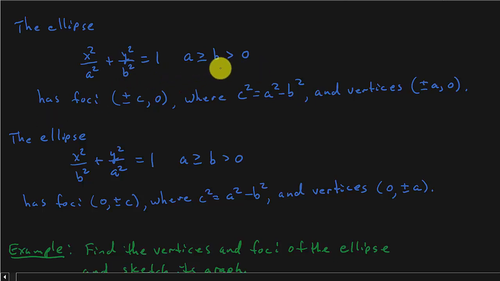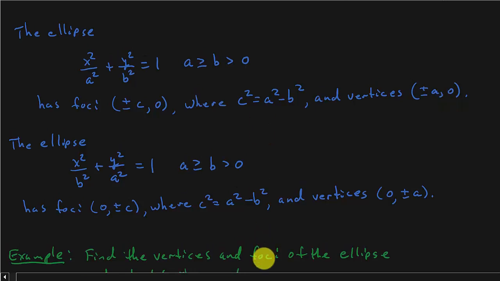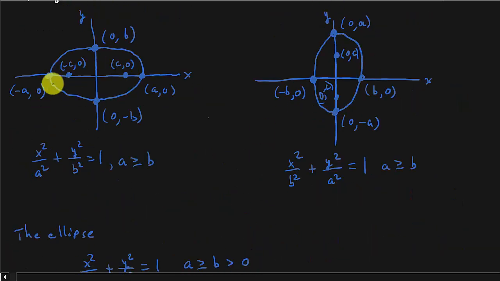It has foci plus or minus c, 0, where, okay, so now they're telling us what c is. c squared is equal to a squared minus b squared. So that's how we would get c. We could use this right here to get c. And it has vertices plus or minus a, 0. And you saw that up here, your plus or minus a, 0.